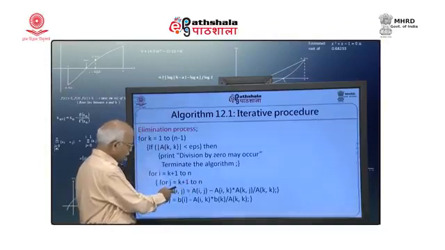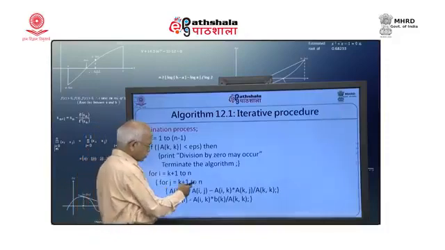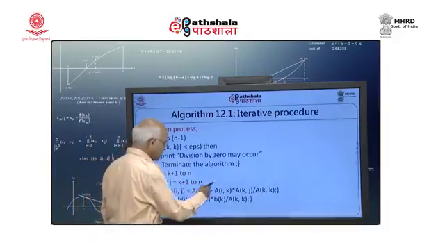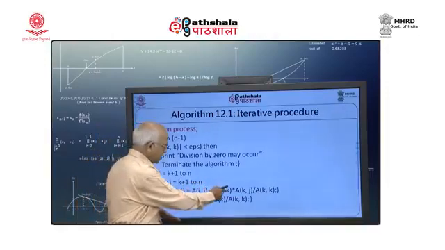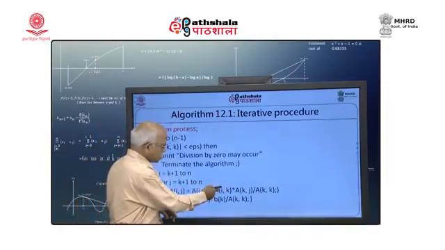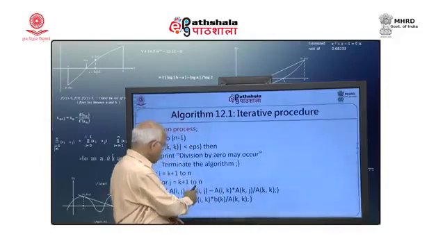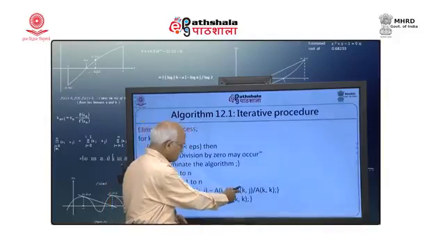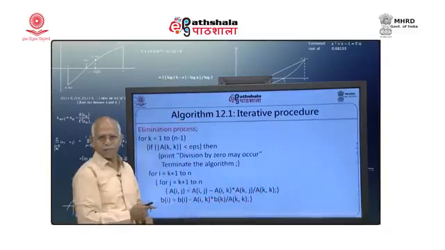So, any cell a_ij we are considering is equal to a_ij minus a_ik times a_kj divided by a_kk. So, a_ik is the element in the ith row in the kth column, multiplied by a_kj, the element in the jth column of the kth row.